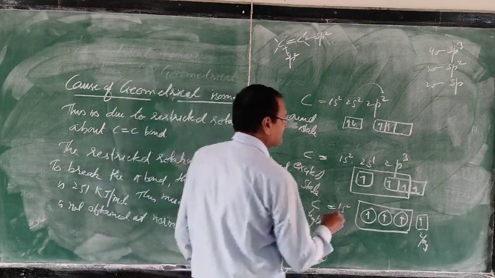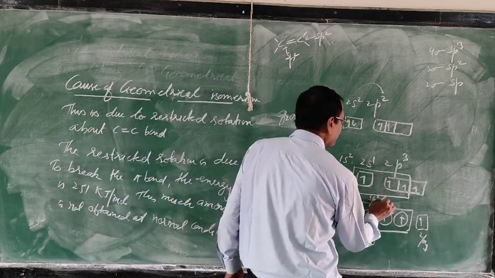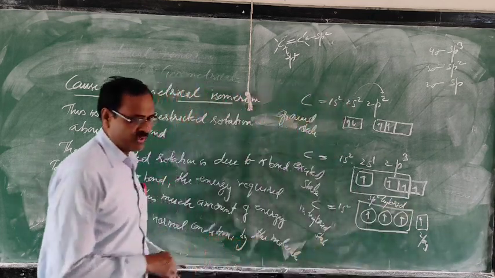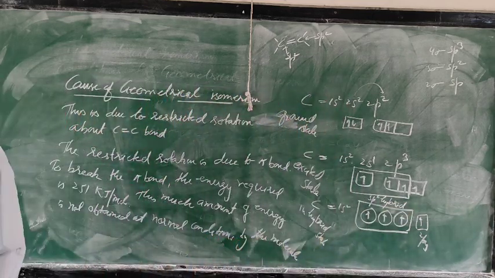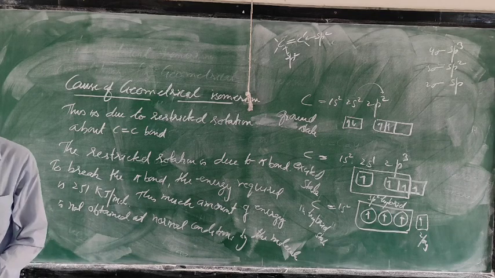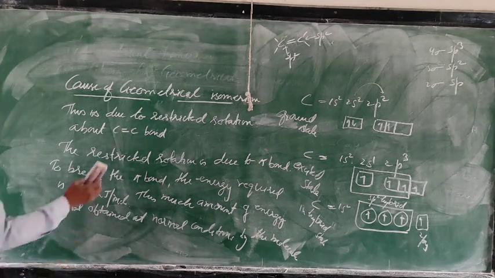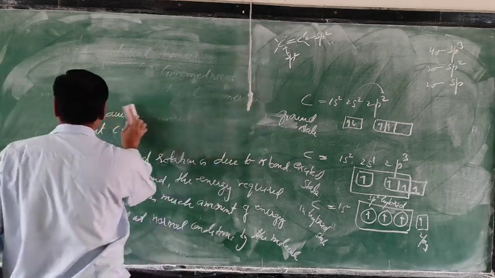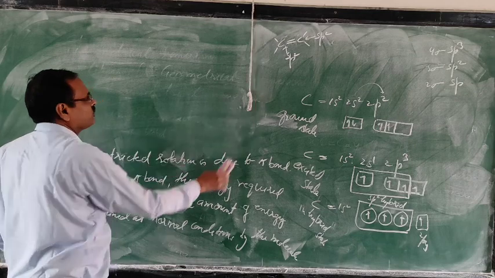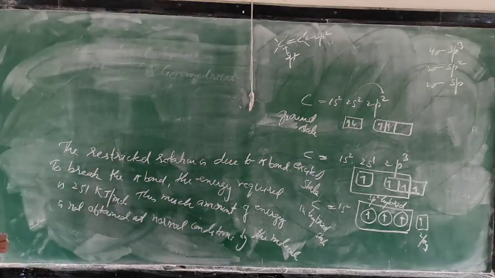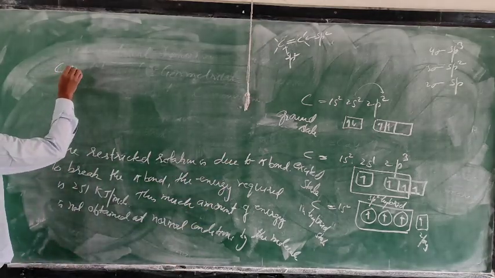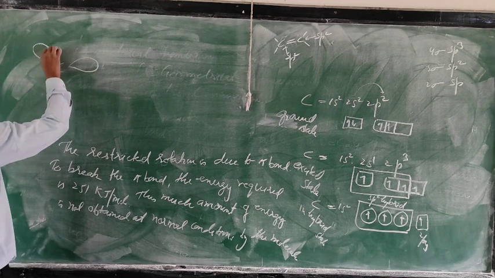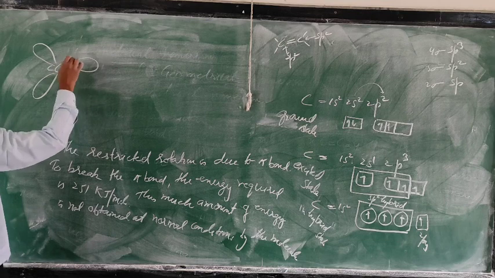So this one is the sp2 hybrid orbital. So what is the shape of the sp2 hybrid orbital? Already you studied that the sp2 hybrid orbital has trigonal planar shape. So these carbon atoms are sp2, sp2.